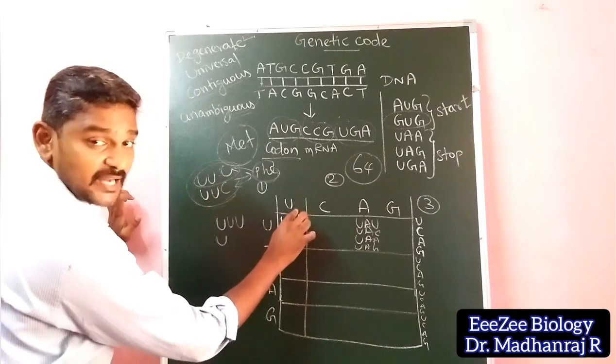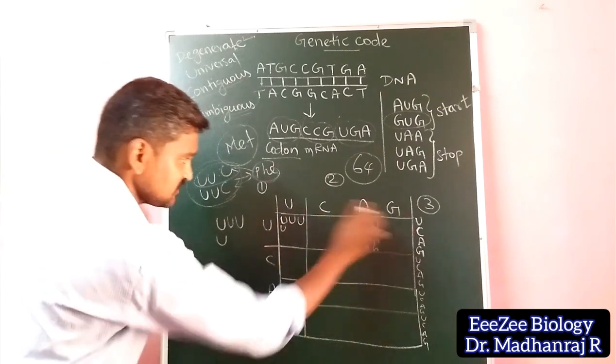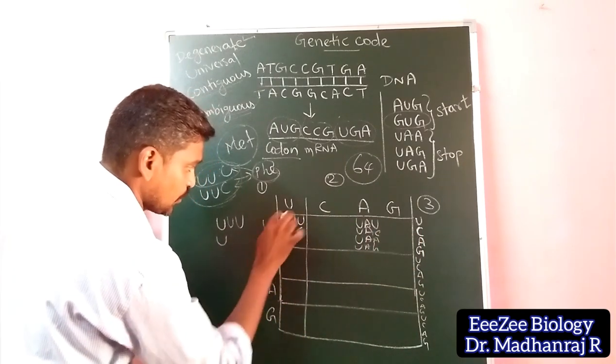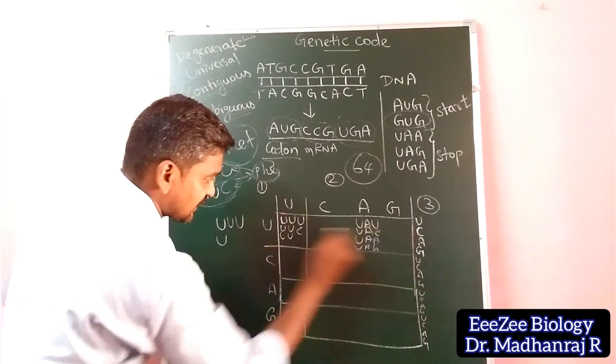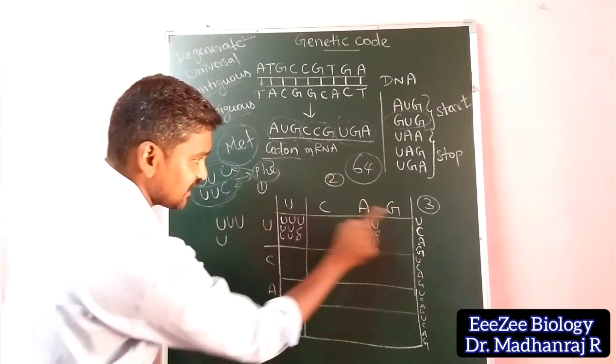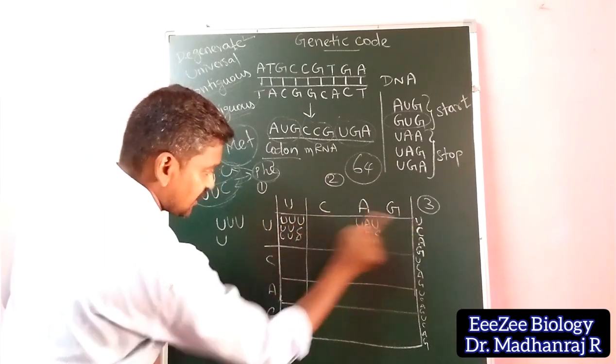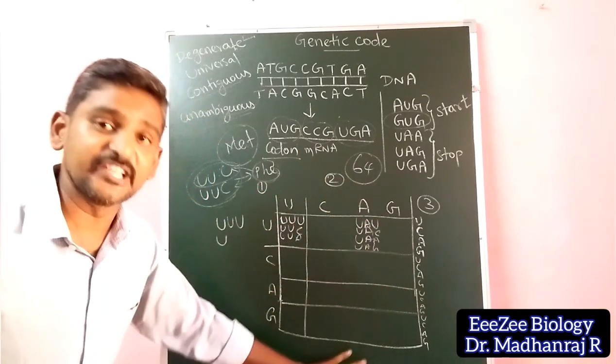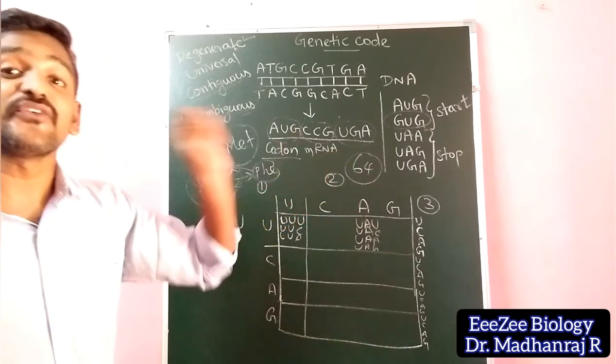Similarly, UUC, UUA, UUG, then UCU, UCC, UCA, UCG. For all combinations you will get totally 64 codons.